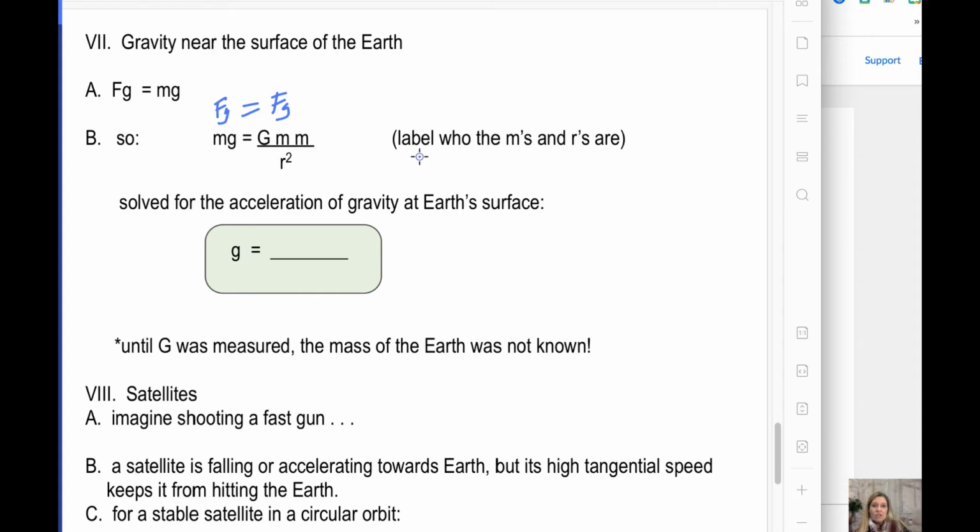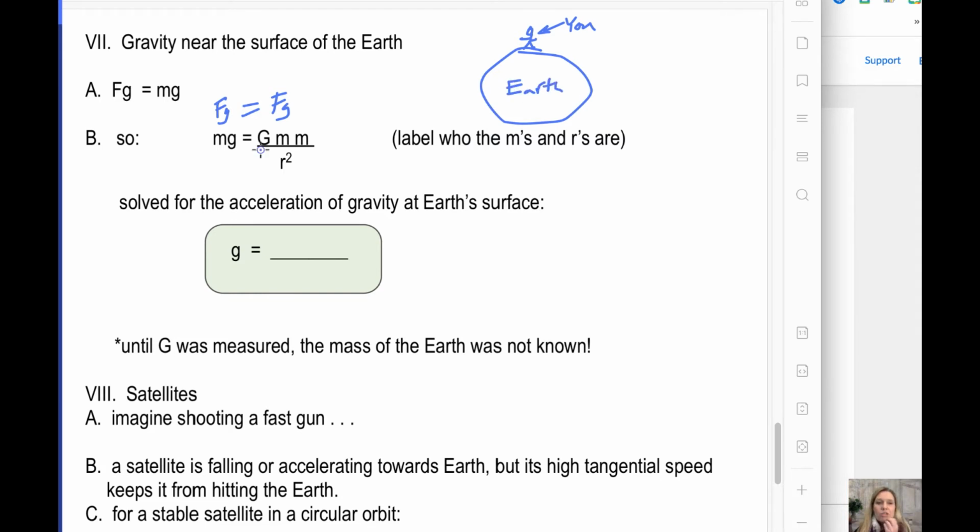All right. So I say here, label whose m's and r's are whose. Imagine we have the Earth, and here, I'm going to make this U. There, this is U, and here's the Earth.